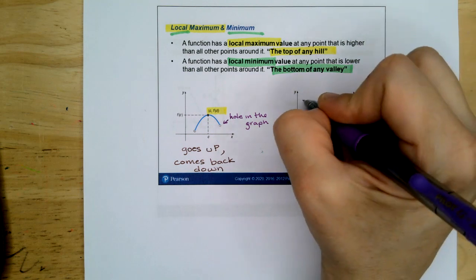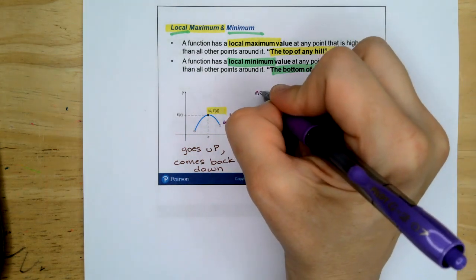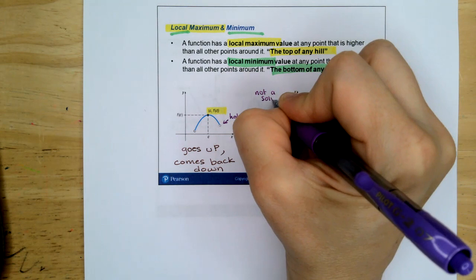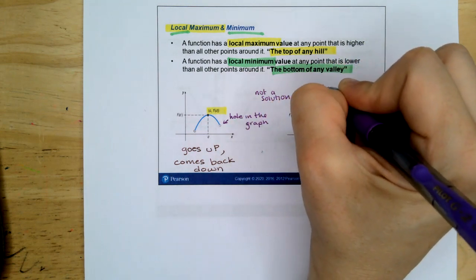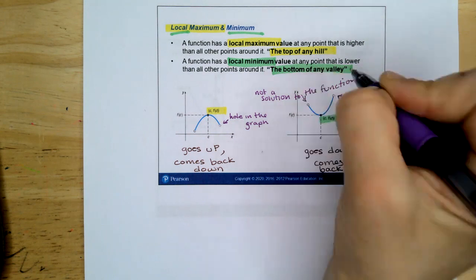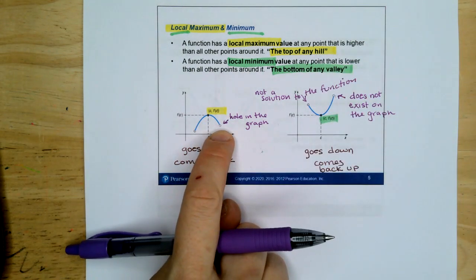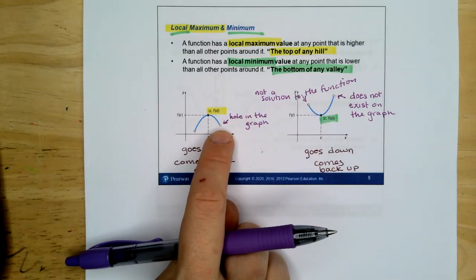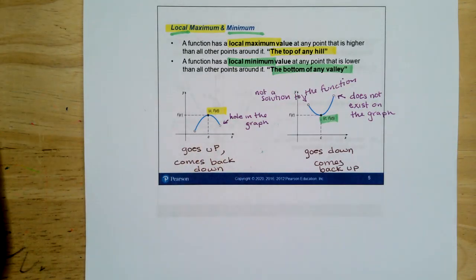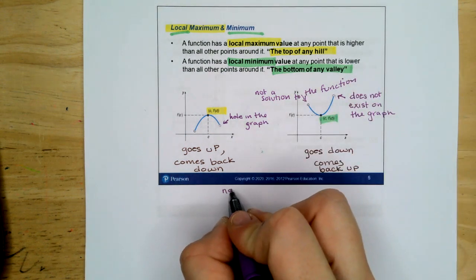That x, y value is not a solution to the function. So if that is filled in, it's a point on the graph. If it's empty, it's a hole in the graph. It's not on the graph. Not included on the graph, not a solution to the function, not included in the graph of the function.